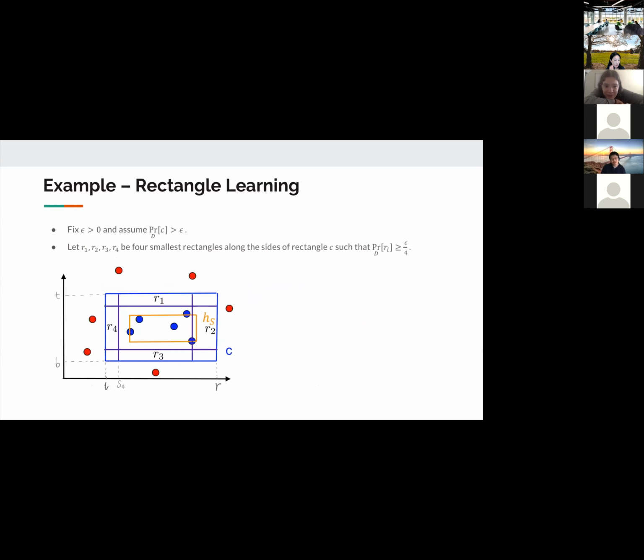Okay, so now let's move on to the example. We said we wanted to focus on the probability of C being greater than epsilon. So what does that mean? If this really confuses you, you can imagine that I have a uniform distribution over the support, so my underlying distribution is just uniform in this 2D space.